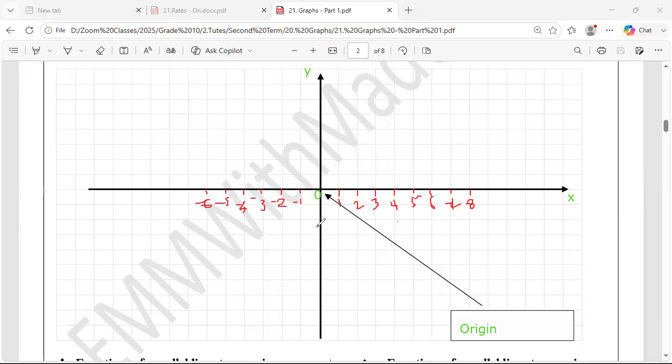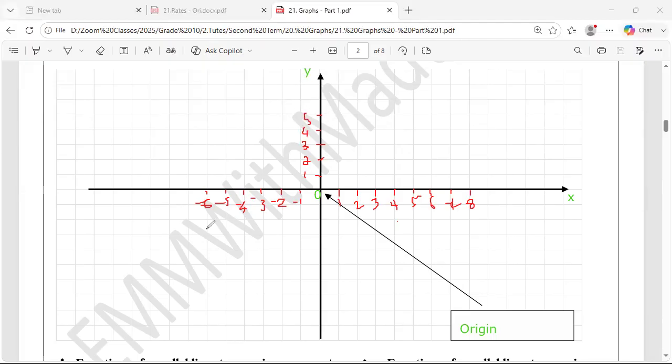Likewise, you may do the same thing on the other side. You will have positive values, 1, 2, 3, 4, 5, and so on.